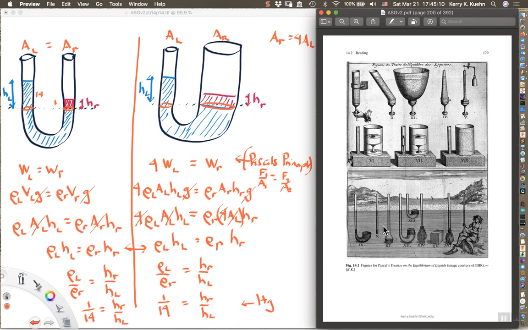If it's open at the bottom, let's suppose that the bottom right here is 14 feet below the water. So you have basically 14 feet of water that's pushing down, and it's pushing up on the bottom there, and it's holding up 1 foot of mercury in there. So what he's showing here is that 14 feet of water holds up 1 foot of mercury.